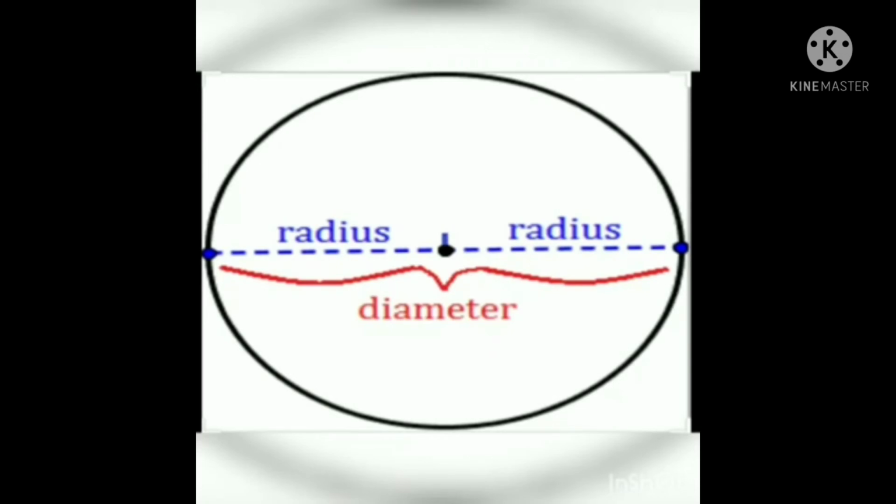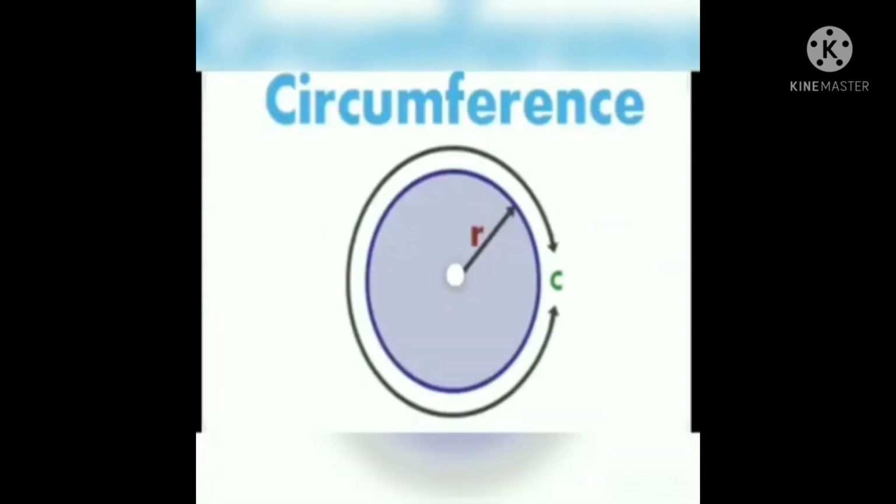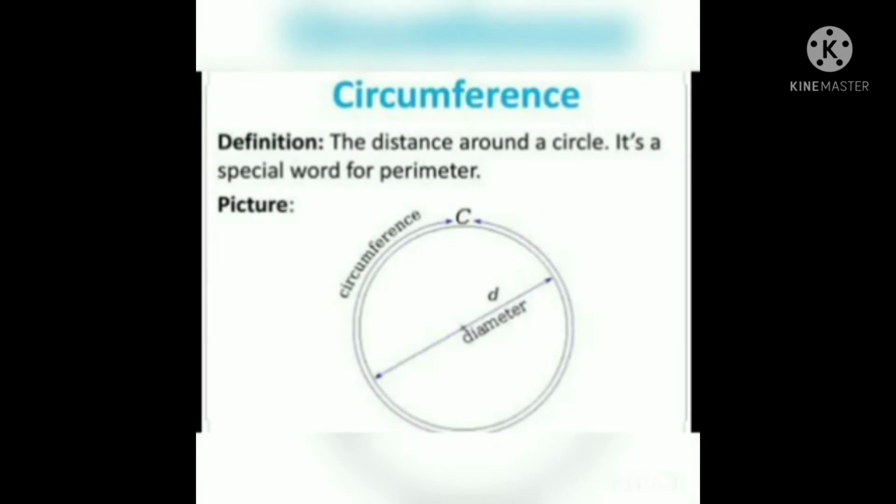When we add the radius 2 times we get the diameter, or in other words radius is half of the diameter. These are the features you have studied from smaller classes. So now we can see how to find the circumference of a circle, that is the perimeter of the circle.